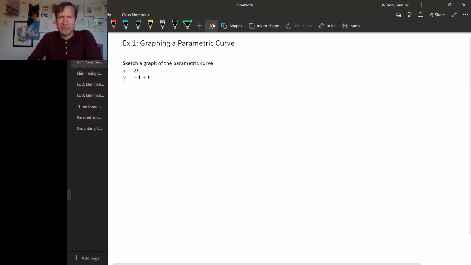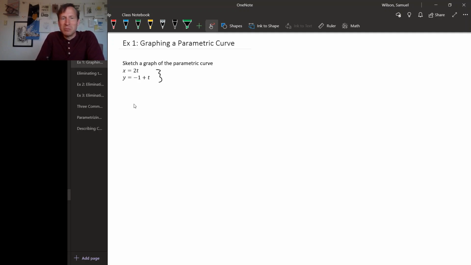So let's sketch the graph of this parametric curve. So x is 2t and y is minus 1 plus t. Well, you can see that if you put in any particular value for t, these two equations are going to generate a point.